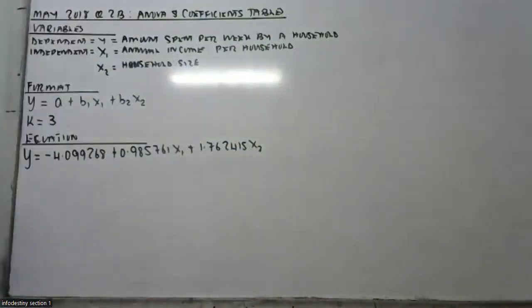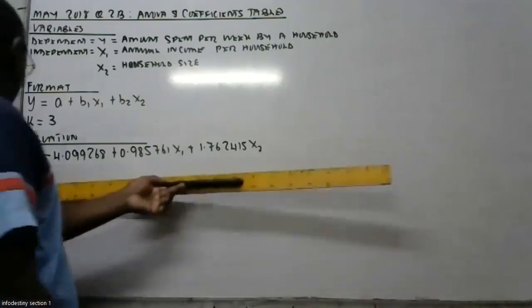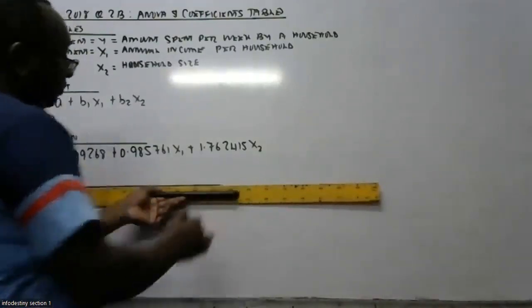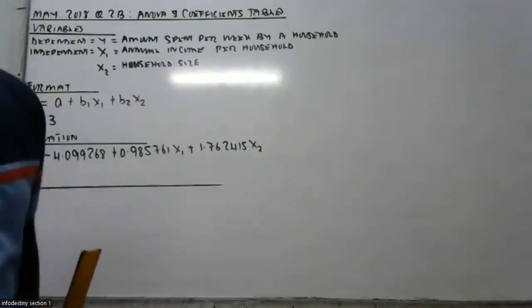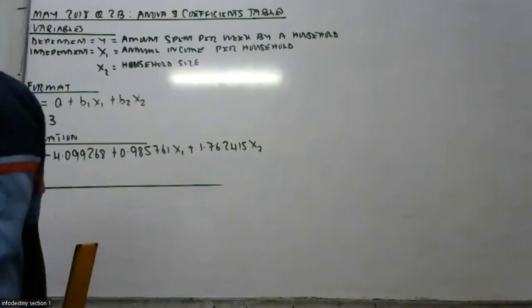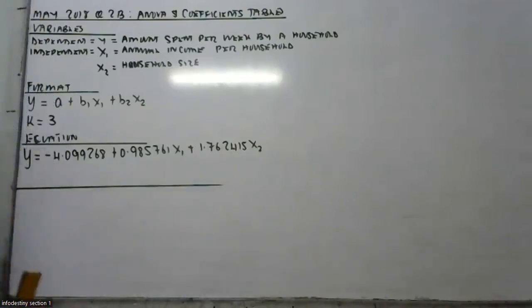So once you have it that way, the next thing now is to do the reliability tests. And the reliability tests are usually divided into 3. So one is what we call the economic plausibility test. Now this question in part 2 is saying we do a statistical analysis of the computer results.